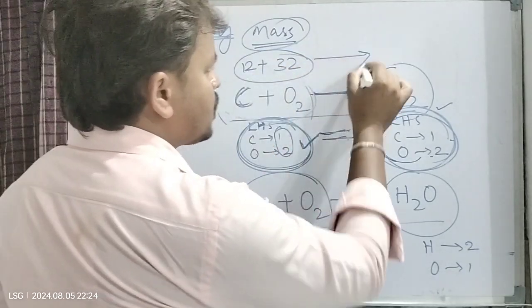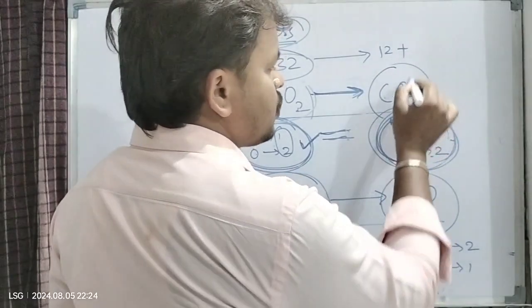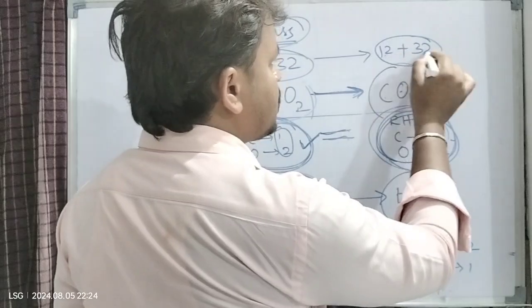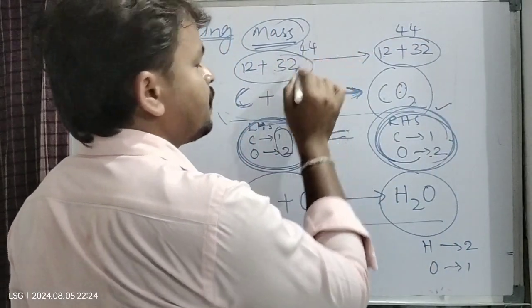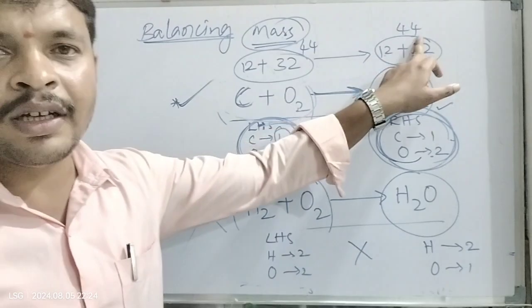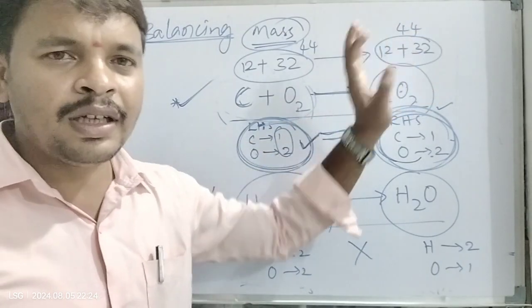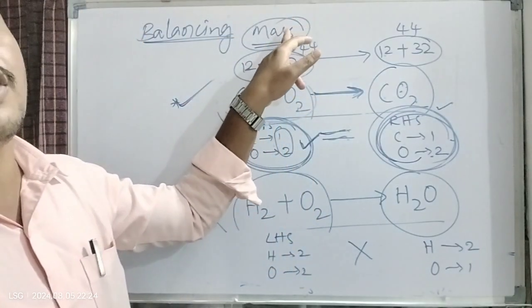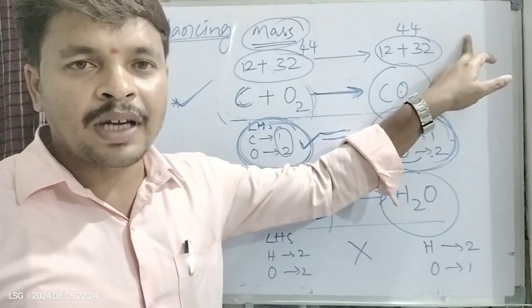And product you see there, carbon 12 plus here 16 into 2, 32. Oxygen mass number is 12 plus 32, 44. Here also 12 plus 32, 44. Mass is neither be created nor be destroyed. Here new mass is not created and it is not destroyed also. So according to the law of conservation of mass, this equation is balanced.